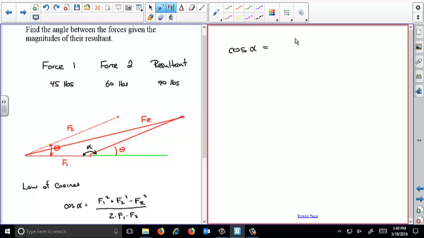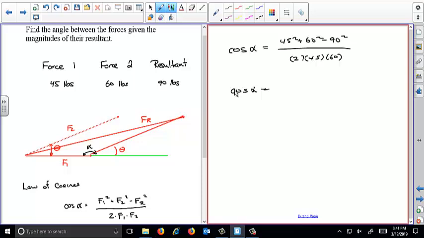Okay, so let's plug the numbers in here: 45 squared plus 60 squared minus 90 squared, divided by 2 times 45 times 60. What we'll get is that the cosine is negative, which means the angle is going to be between 90 and 180 degrees. 45 squared plus 60 squared minus 90 squared is negative 2,475.